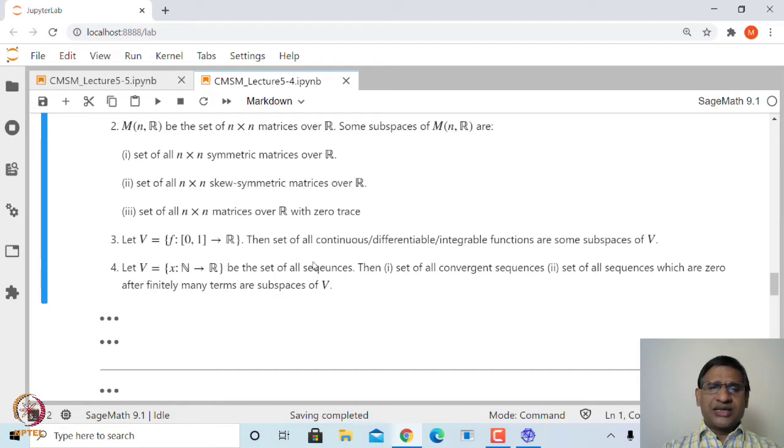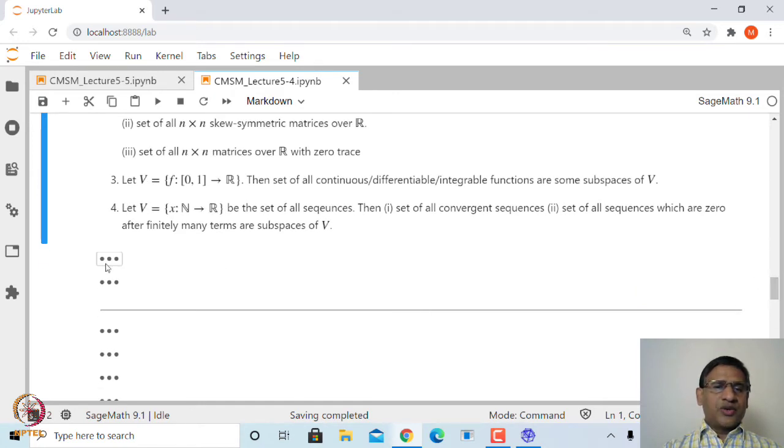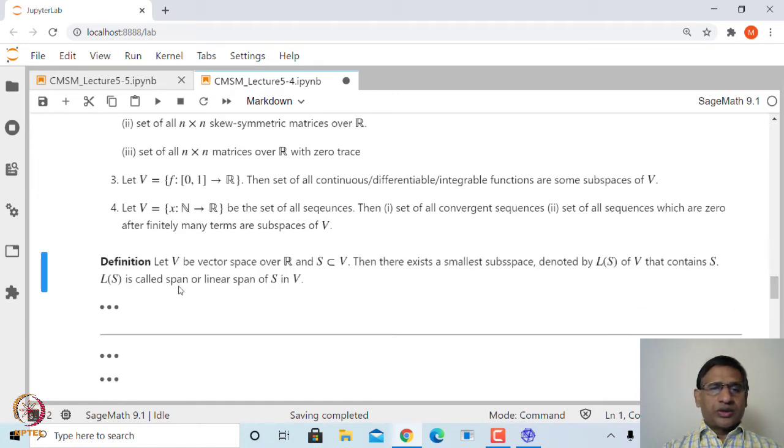So, there are a few examples, of course you can find many more. Okay. Now, let us also define the meaning of linear span of a non-empty subset of V. Suppose S is a subset of V, then you can find a subspace of capital V which contains S.